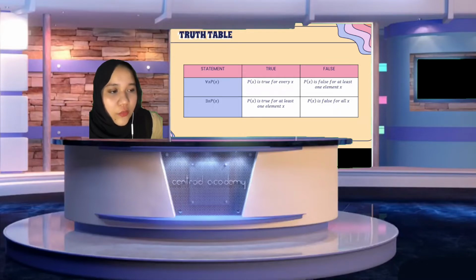Meanwhile, it is false when at least one element x in P(x) is false. Next, the statement for existential quantifier. It is true when at least one element is true in P(x). When it is false, it's false for all x.